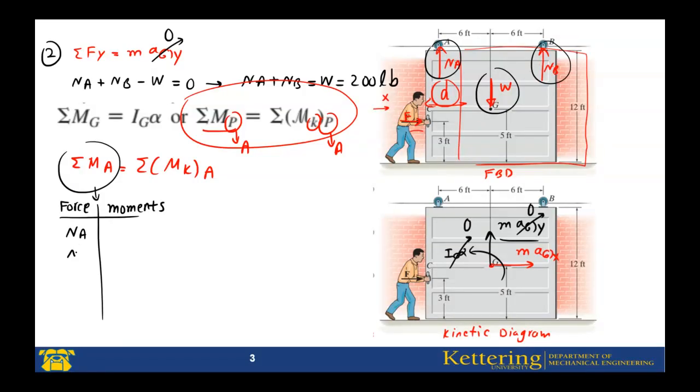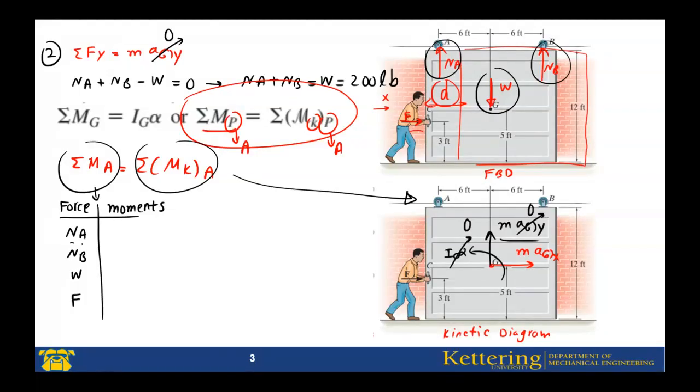Normal force of A, normal force of B, weight, and the force of F. These are all forces I have. This and this one, there is no force. Do not bring these forces into this table. This one is for this. Do not bring the inertial forces to this table.